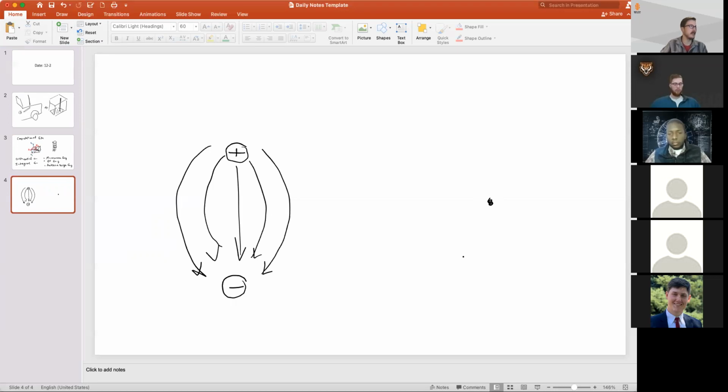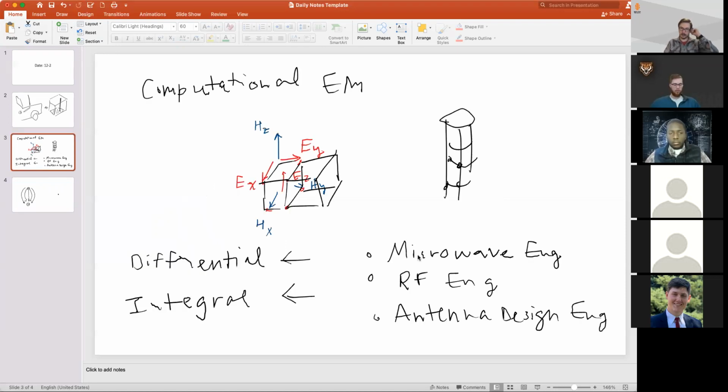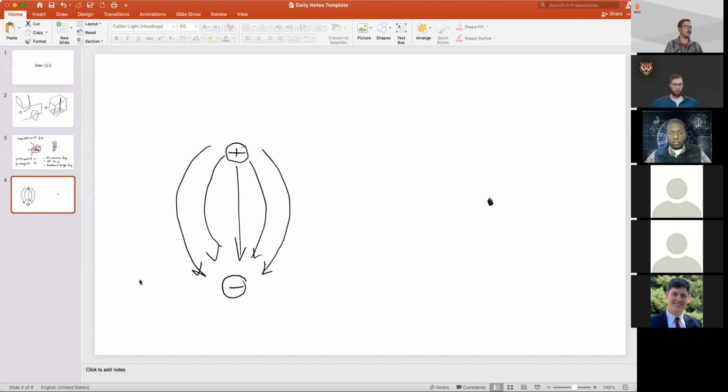This is not a super easy problem to solve analytically. And if you have a whole system of charges, right, more than 2 charges, it'll just make it even more complex, which means that it's really hard to do design problems.